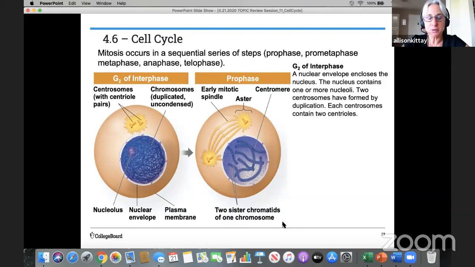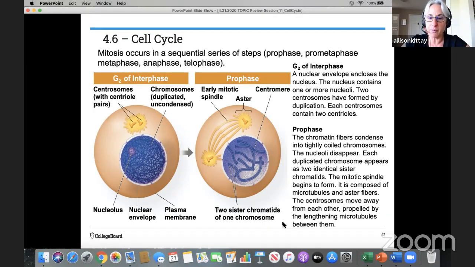In prophase, what you start to see is the nuclear envelope begins to disappear and the chromosomes begin to shorten and thicken and condense. You can see that they're held together at that centromere. And then you can also see the formation of the mitotic spindle, which is made of microtubules, and it's super important in actually moving the chromosomes during the process of cell division or nuclear division.